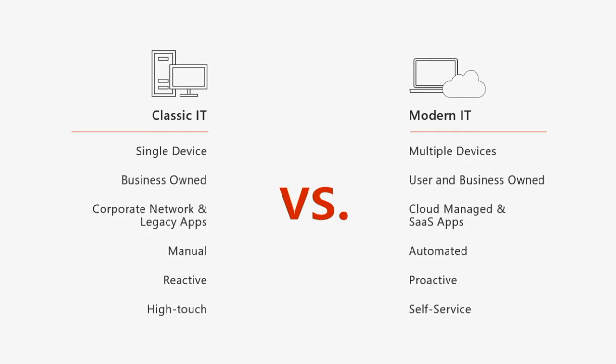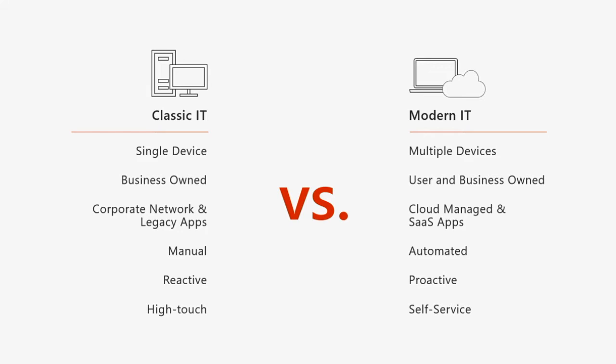The network is business-owned. You have corporate networks. You have a lot of legacy apps in that network that you have to control. You also have to do manual tasks that involve a lot of heavy work. You're probably reactive to attacks or security threats.